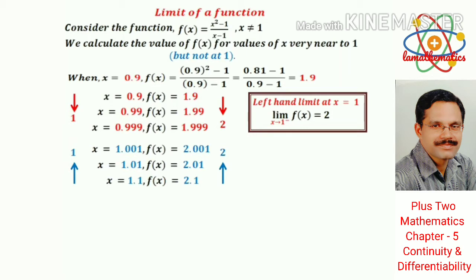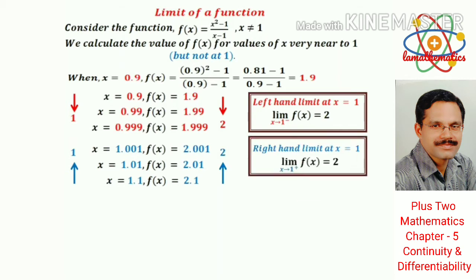As already told, at no time is the value of f of x equal to 2, but it decreases and tends to 2. This is called the right hand limit of f of x at x equal to 1, and we write limit x tends to 1 plus f of x equal to 2.